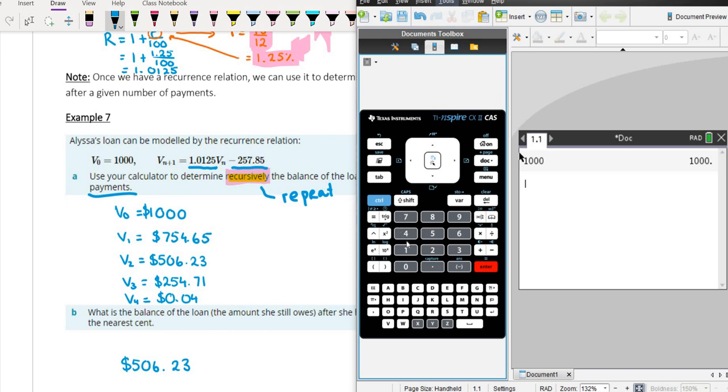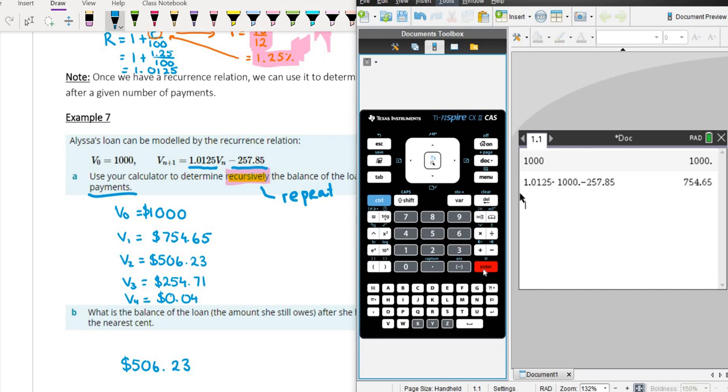And then what you're doing after is putting in the recurrence relation. So 1.25 times, and where you see Vn, that's where we put our value, this value, but we use Control minus to bring that down here. That's going to be helpful for us going forward. And then we put all of the rest in as well.